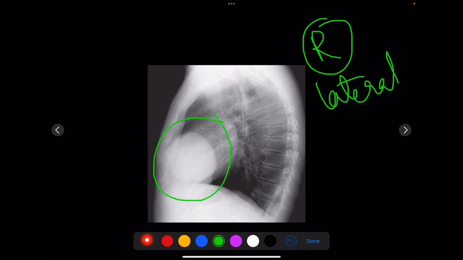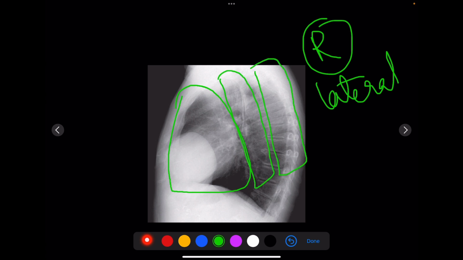So here this is the anterior compartment, this is the middle compartment, and this is the posterior compartment, where the mass is located in the anterior compartment. So this is a pericardial cyst. Pericardial cyst in the anterior mediastinum.